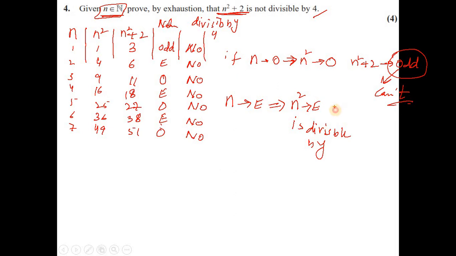But when you add 2 to the square, because of that 2, it cannot be divisible by 4. So that's the technique that we use in exhaustion proof.